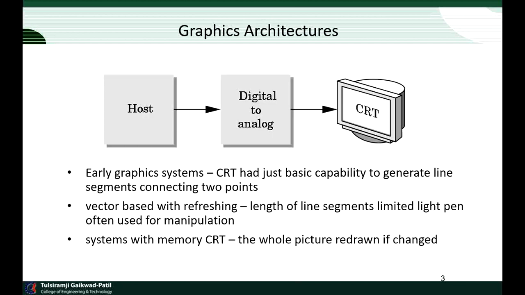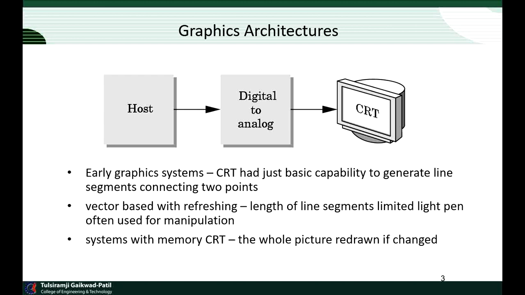Then we will see the architecture of graphic system. Here on the screen an architecture of graphic system is given. Host is there, digital to analog is there, and then CRT.